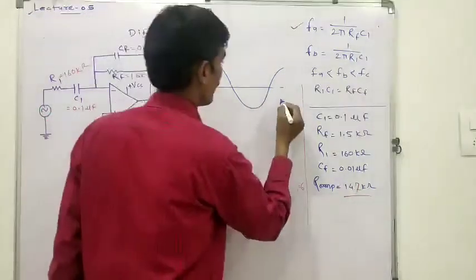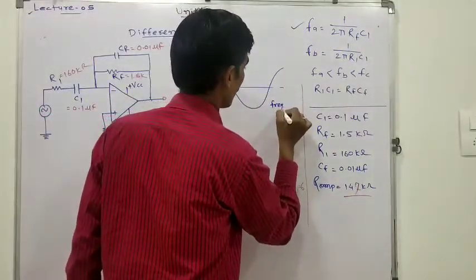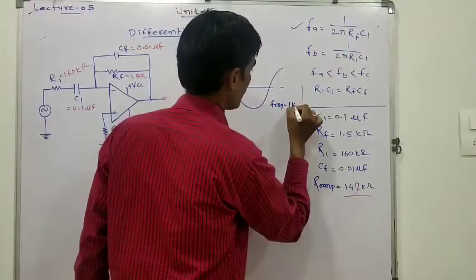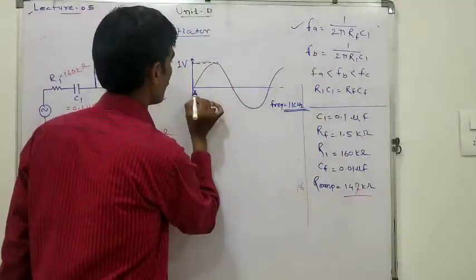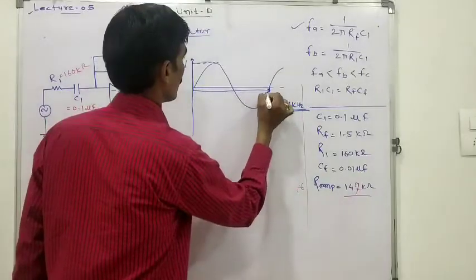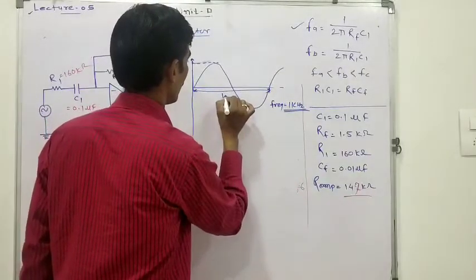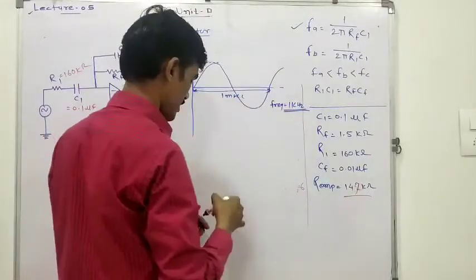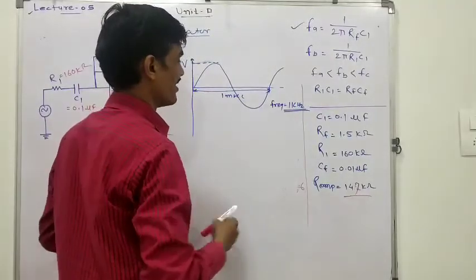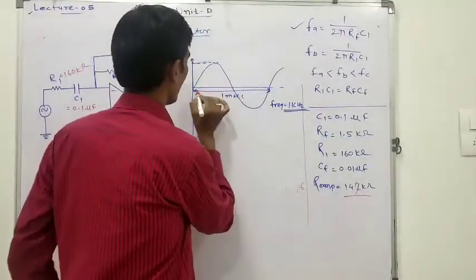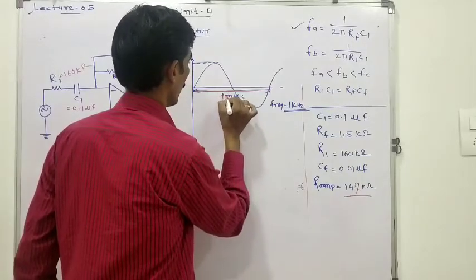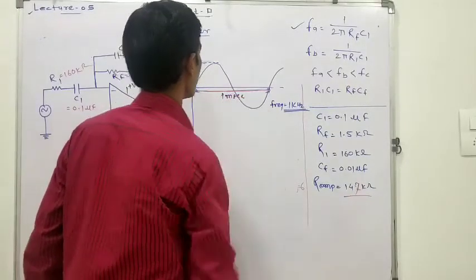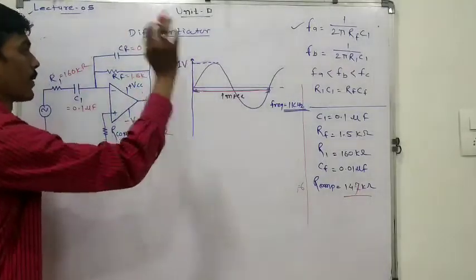The frequency is given as 1000 Hertz, which means 1 kilohertz. 1 kilohertz means this time duration is 1 millisecond, with 1 volt voltage.